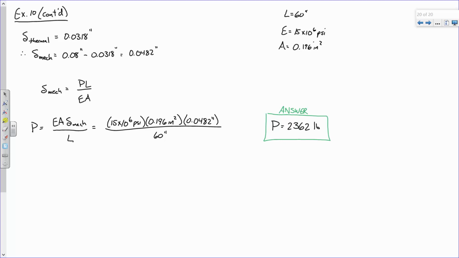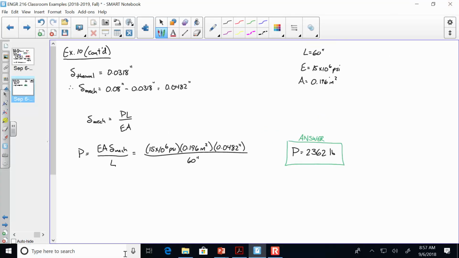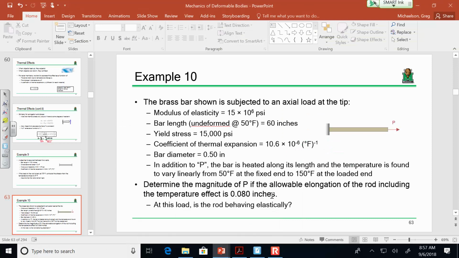Pretty simple, right? Now we're not done, because the problem asked something else. At this load, is the rod behaving elastically? Let's talk about that.